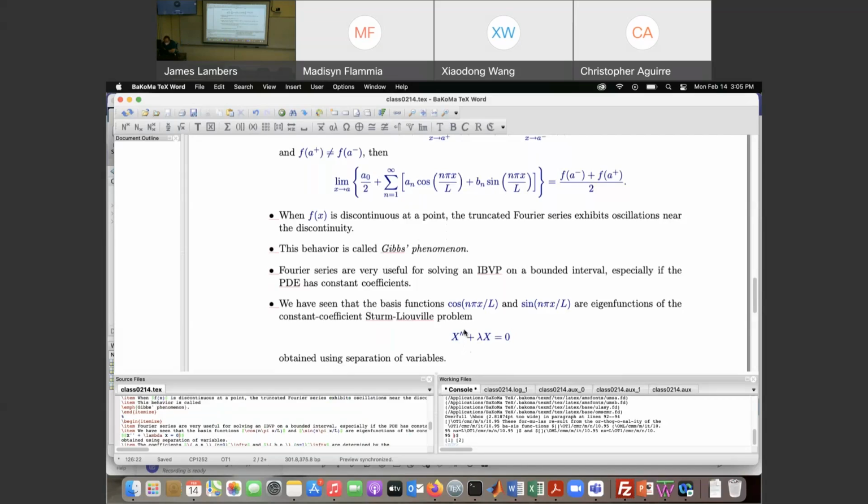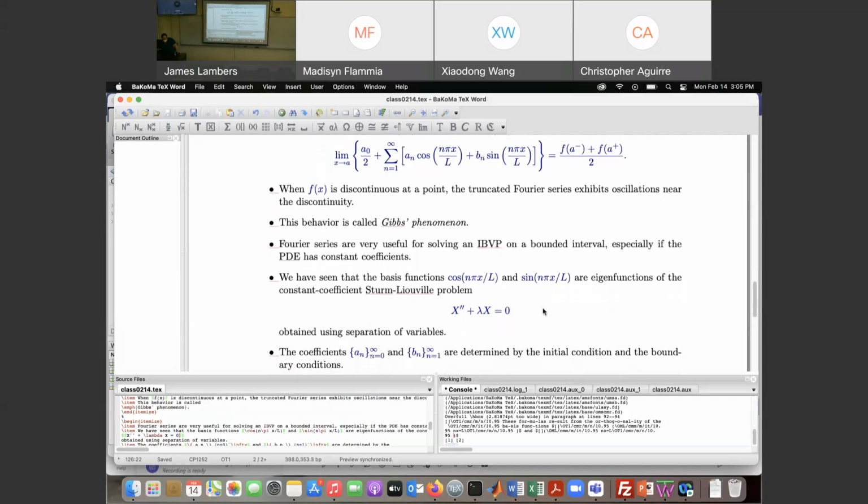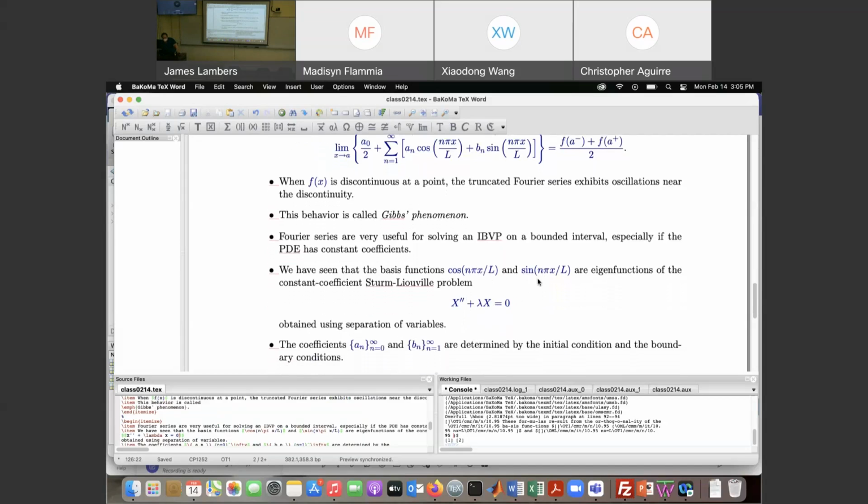And if you're on the interval 0 to L, then the solutions of this are combinations of cosine n pi x over L and sine n pi x over L. So we've seen examples of that already. Now, what combination of these depends on the boundary conditions. So for example, this type 1 is going to be sines, this type 3 is going to be cosines. If there's a mix of boundary conditions, it could be some combination of these.